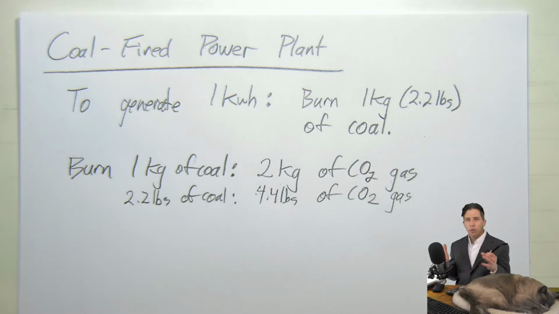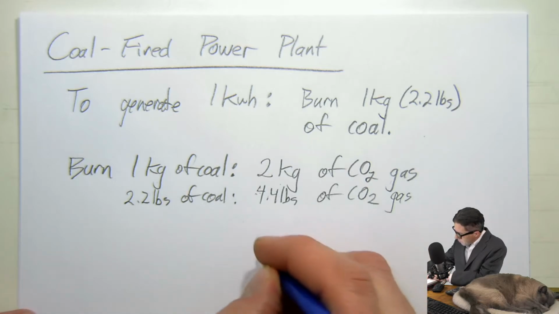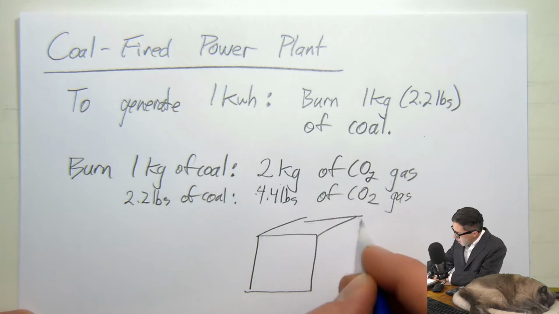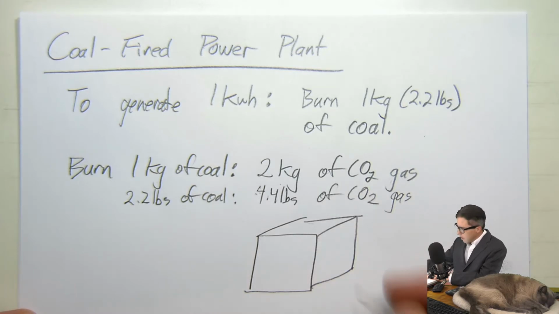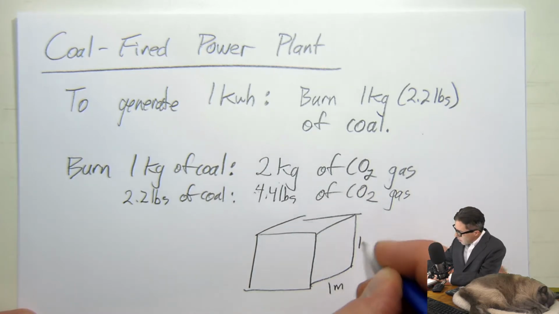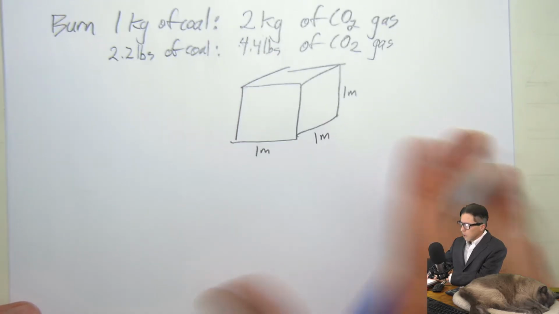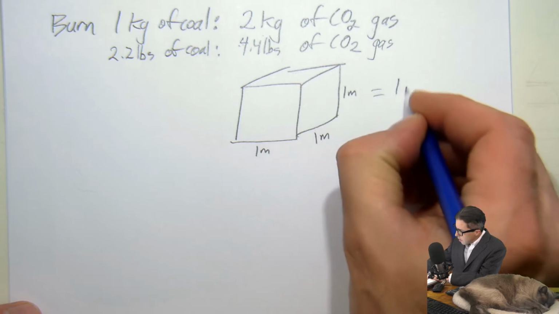If I had 2 kilograms of CO2, how much is that? If you could see it, it could fill a cube that's about 1 meter on a side. So we call that 1 cubic meter.